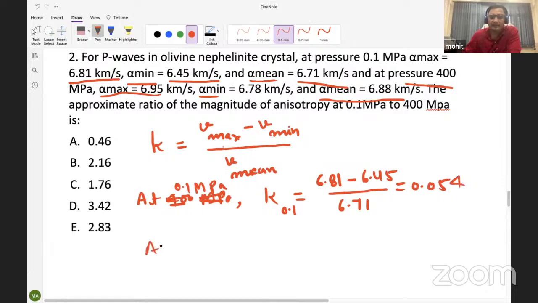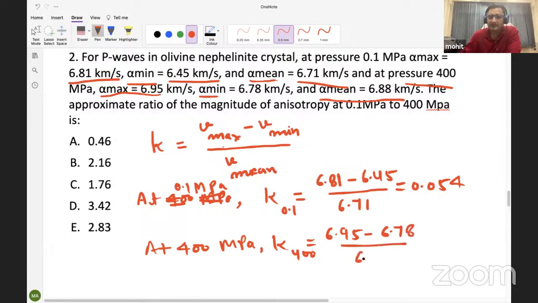Likewise, at 400 megapascal, when you calculate the magnitude of anisotropy, it will be 6.95 minus the minimum velocity, 6.78, divided by the mean velocity, 6.88, and it comes out to be 0.025.